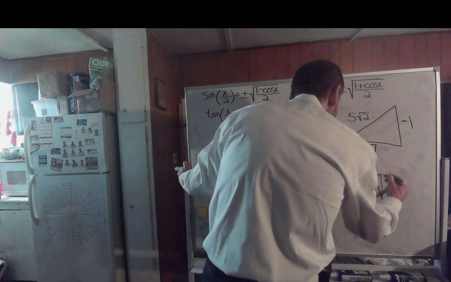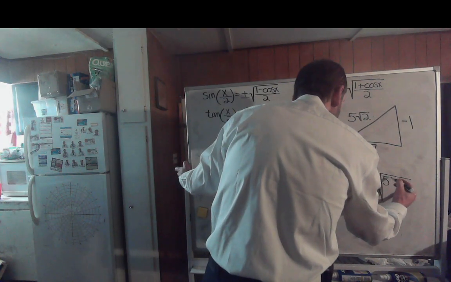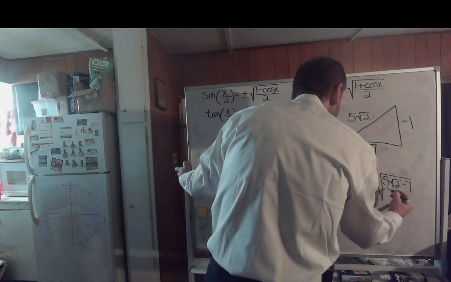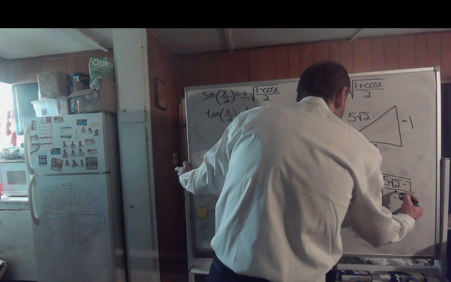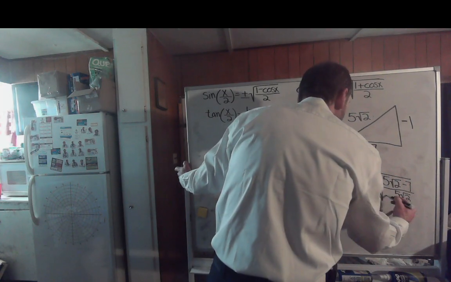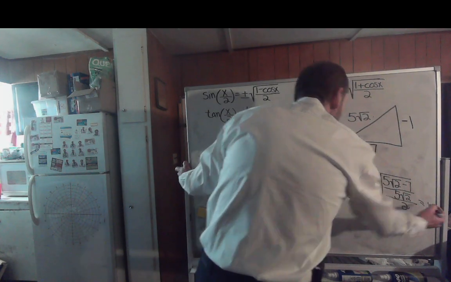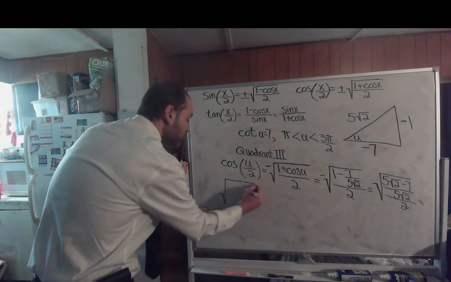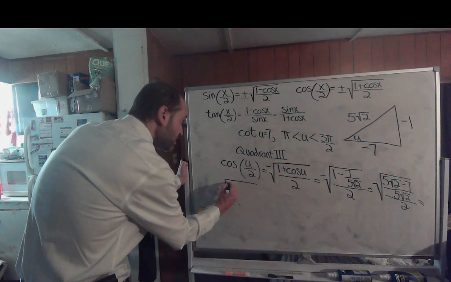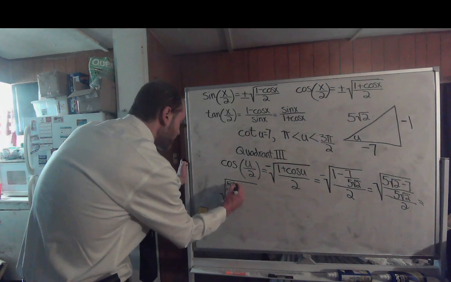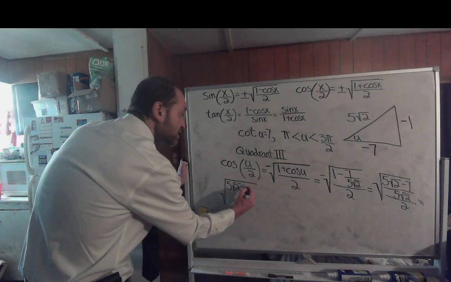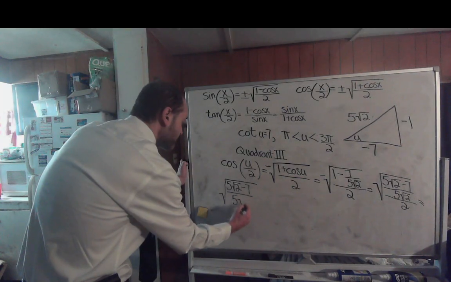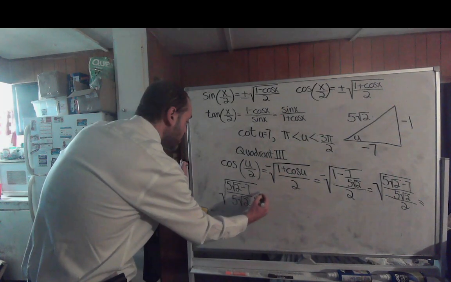You'll end up getting the square root of 5 times the square root of 2 minus 7, all over 5 times the square root of 2, all that all over 2. So let's deal with the complex fraction. You'll get the square root of 5 times the square root of 2 minus 7 over 5 times the square root of 2, times 1 over 2.